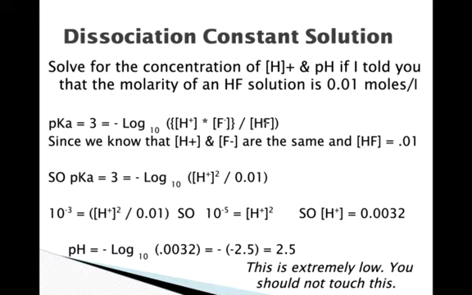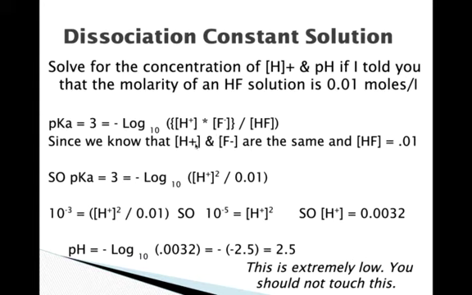Because they're both coming from the HF. Every HF that splits apart releases one hydrogen and one fluorine ion. These concentrations will always be equal. We can't have an H split off without creating an F. So we know the concentration of HF. It went into our solution at 0.01 moles per liter.